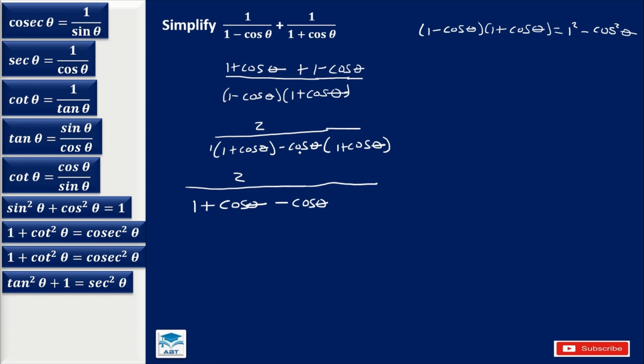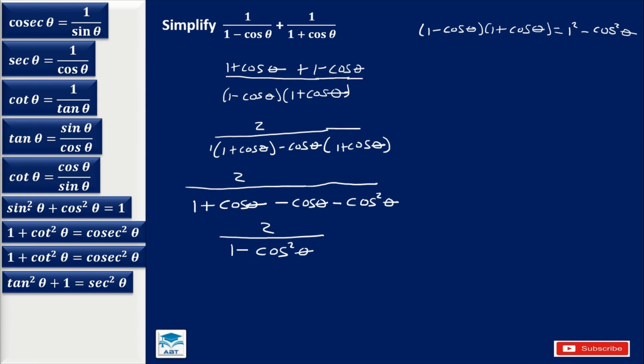And negative cos theta times cos theta is minus cos square theta. So we have 2 divided by, cos theta minus cos theta is 0, so we have 1 minus cos square theta at the denominator.